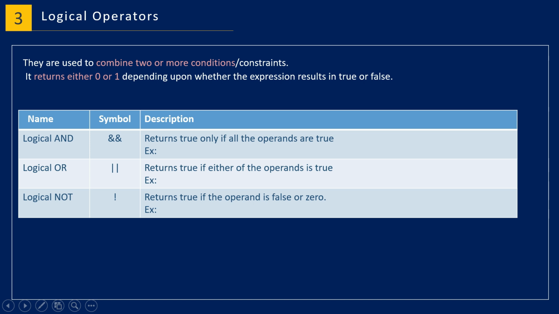Logical AND returns true only if all the operands are true. Logical OR returns true if either of the operands is true, and logical NOT returns true if the operand is false or 0. I have explained this in a bit more detail in the operators section of this same video, so please watch it.